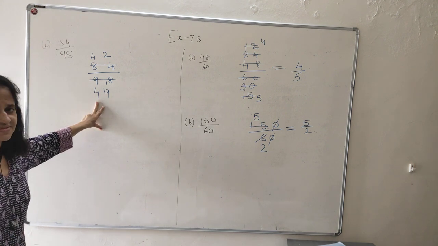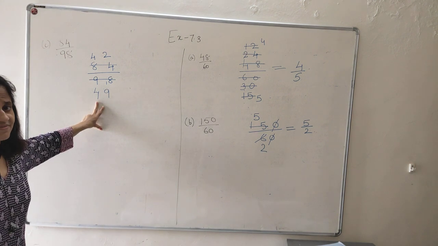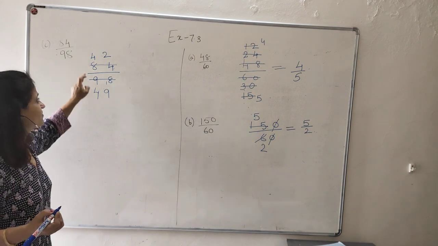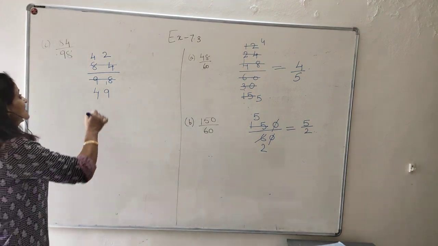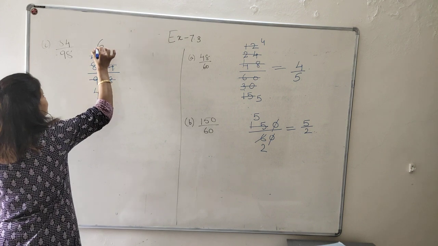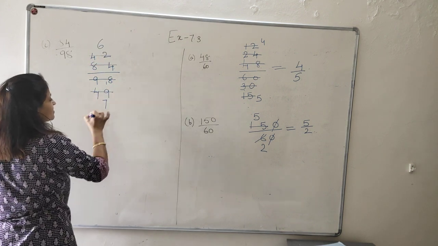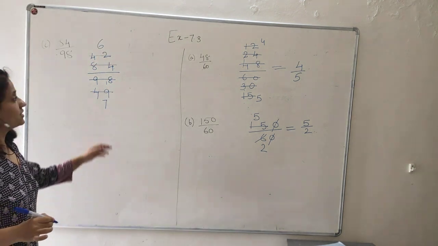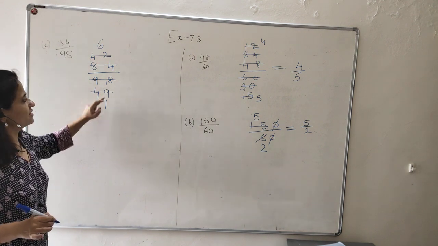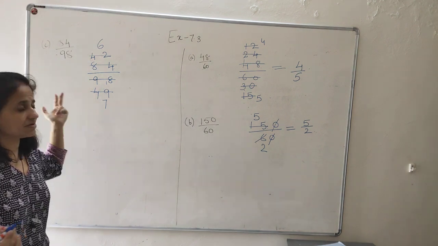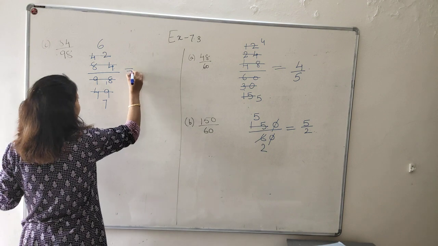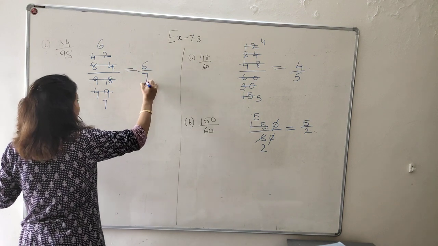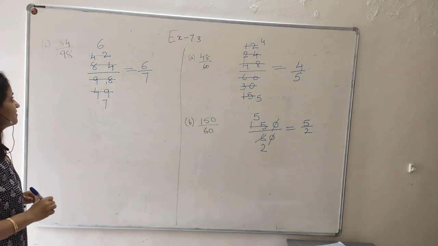Same way, it is not divisible by 4. It is not divisible by 5. The common factor between 42 and 49 is 7. 7 6s are 42. 7 7s are 49. Now here 6 and 7. Nothing common. They are consecutive numbers. Consecutive numbers will never have anything common. So I have the answer 6 upon 7.